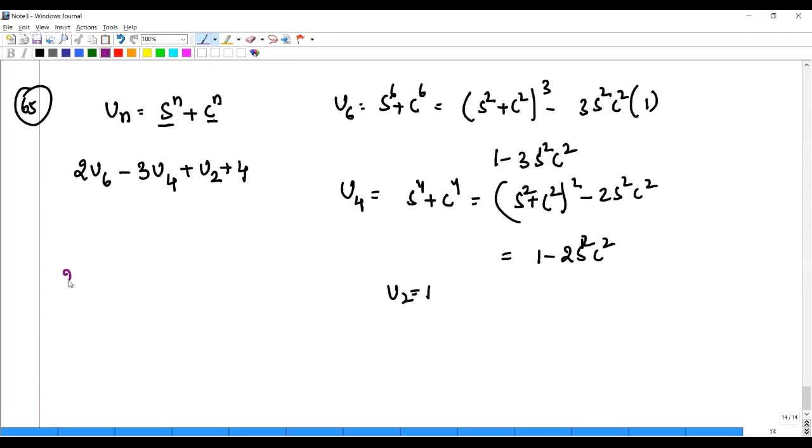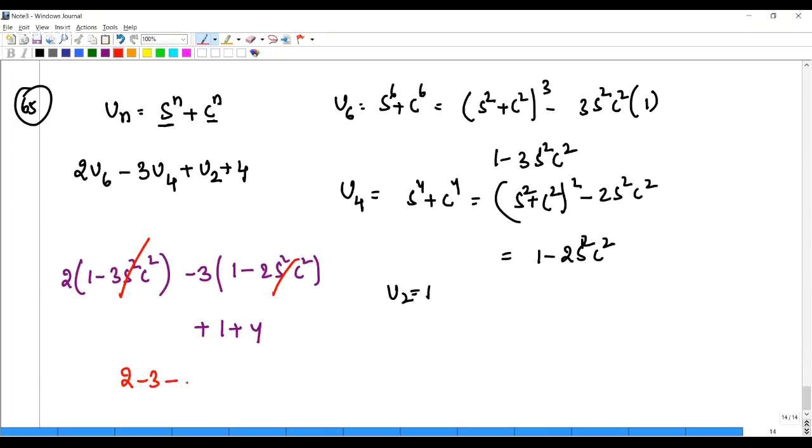If I put the values, 2 into 1 minus 3 s square c square, minus 3 into 1 minus 2 s square c square, plus 1 plus 4. You can cancel this off. You will be left with 2 minus 3 plus 1 plus 4. This becomes 0. This becomes finally 4.